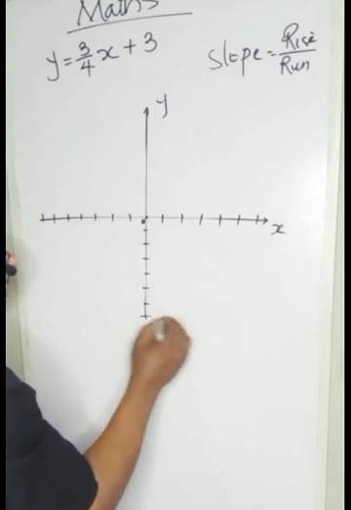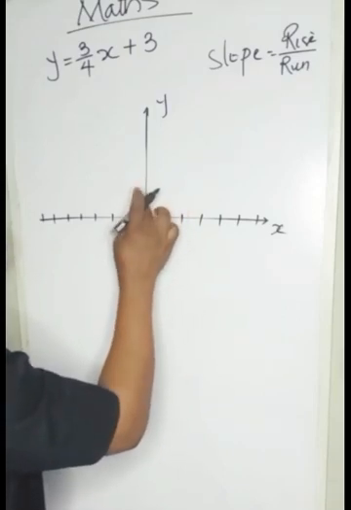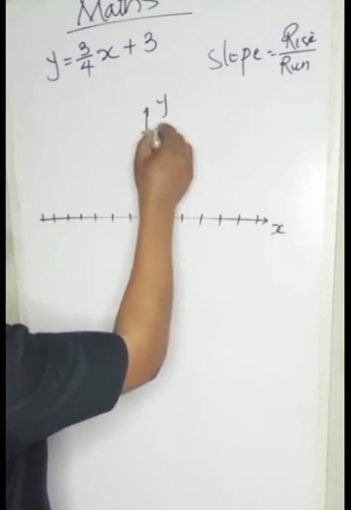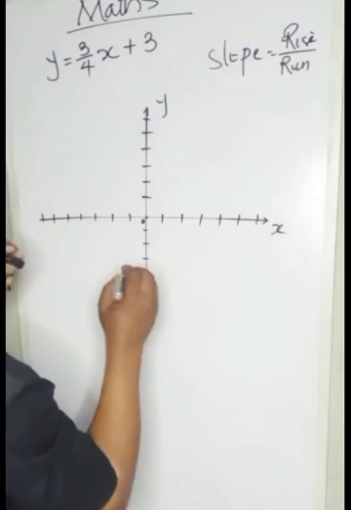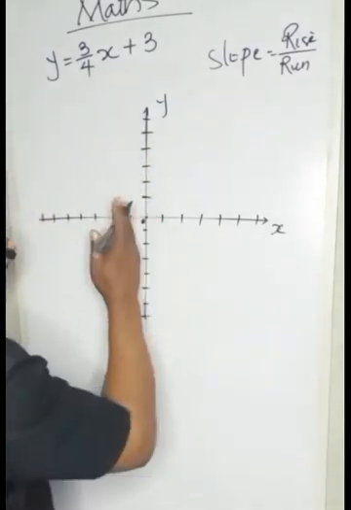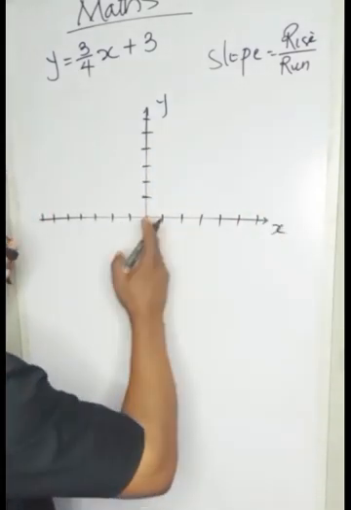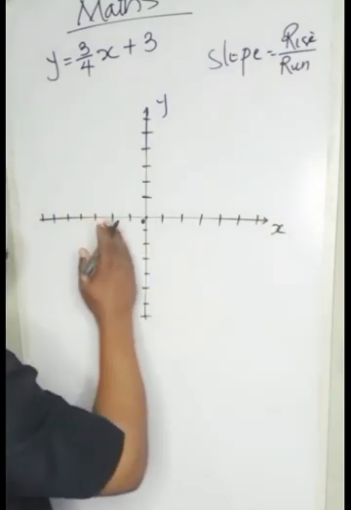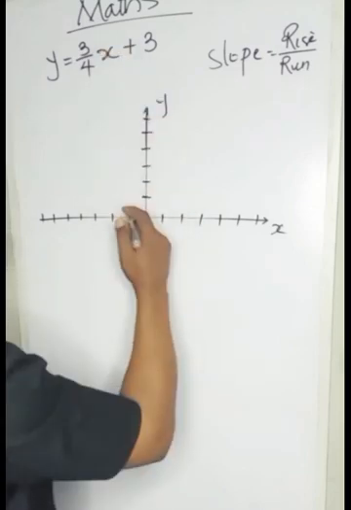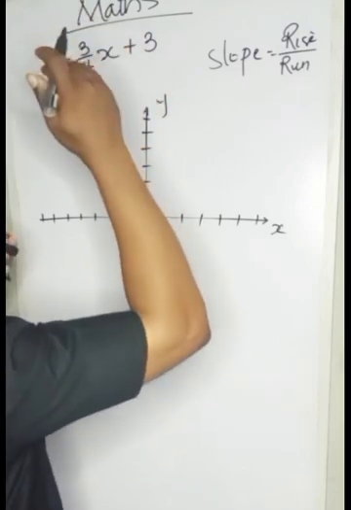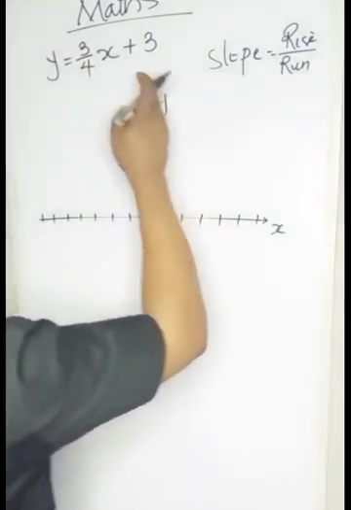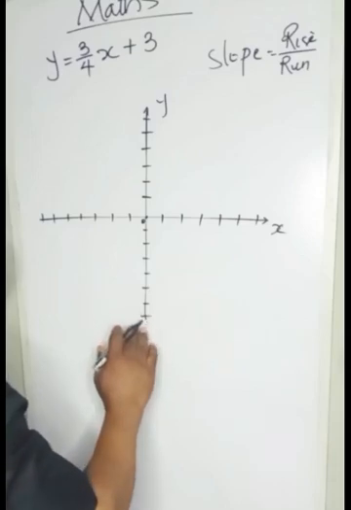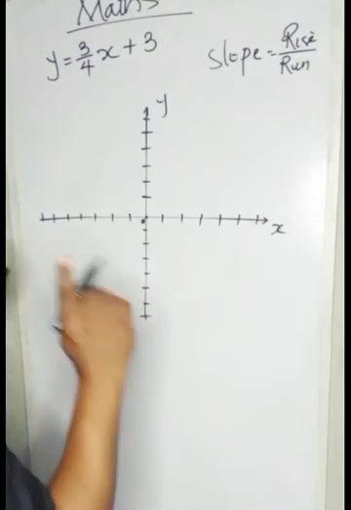And we have the calibrations on the line, and these calibrations are graduated. Everything to the right side of x will be positive, and every value to the left will be negative. Every value from 0 going up along the vertical axis, the y-axis, is going to be positive. Everything from 0 down along the y-axis is always negative. So just bear that in mind.